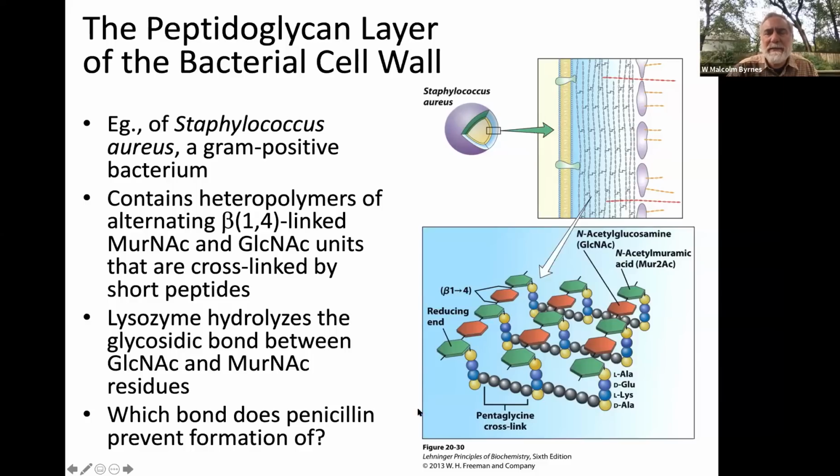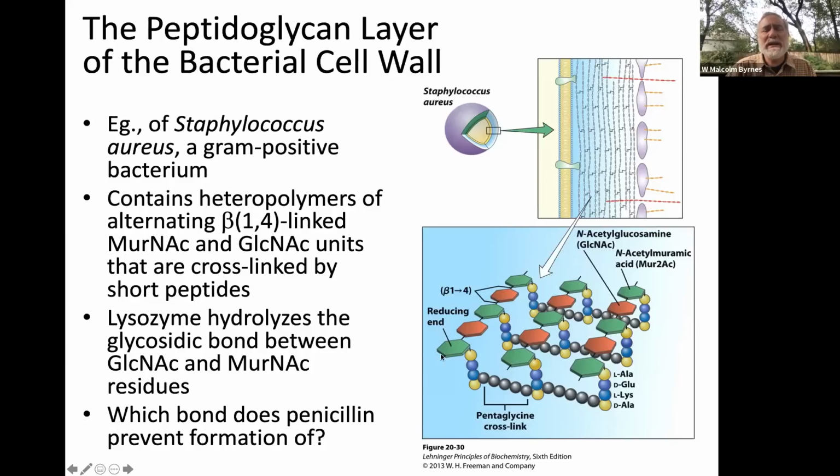It's a suicide inhibitor of a glycopeptide transpeptidase that catalyzes the formation of one of these bonds in this peptide linker, that bond between the D-ala and the glycine. Penicillin inhibits it and prevents the formation of that bond, hence prevents the formation of an intact cell wall structure, allowing the cell to lyse.